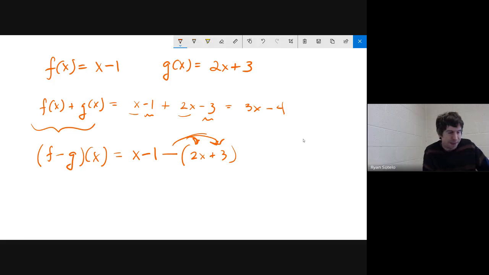You gotta distribute it. So this would actually be x minus 1 minus 2x minus 3. So when you subtract it, you've got to flip the signs of the thing you're subtracting, basically. So this would make minus x, because 1x minus 2x is negative 1x. And then you get minus 4.